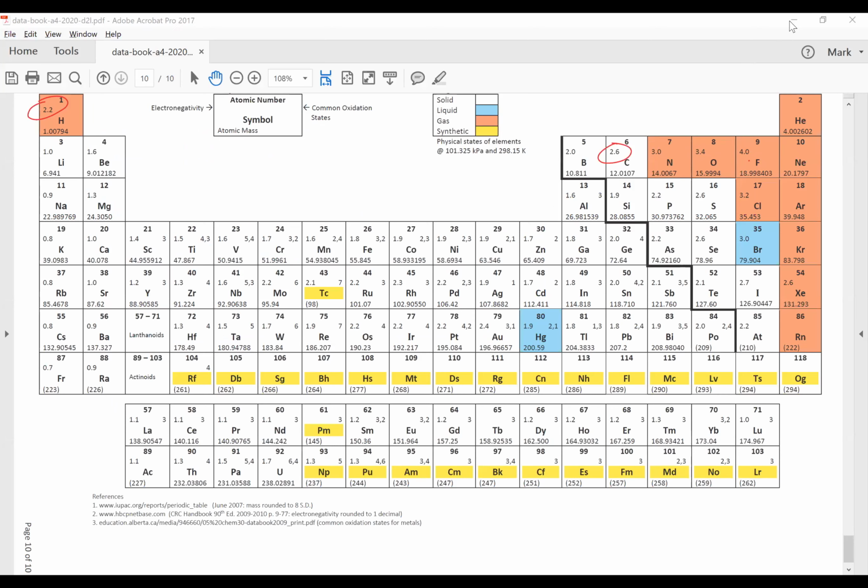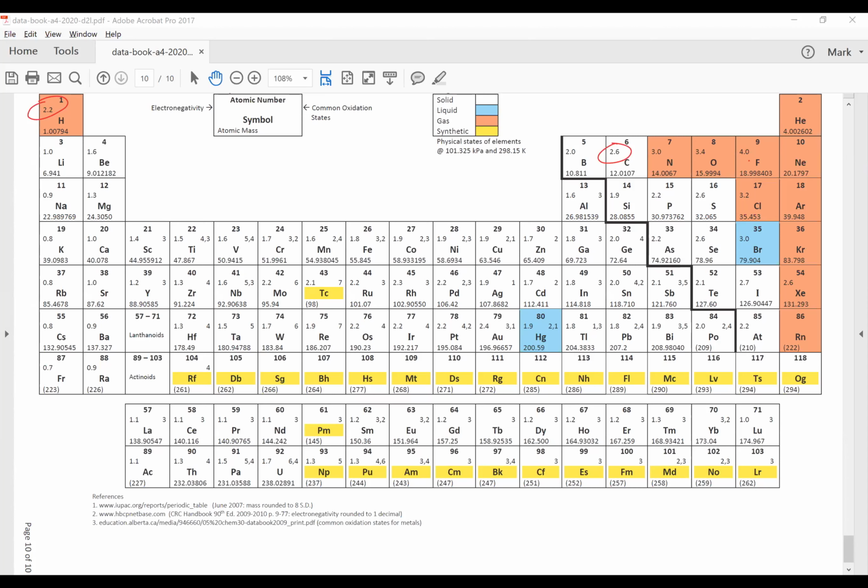Okay, so we'll go back to this slide. C is 2.6, H is 2.2, so our difference in electronegativities is 0.4.